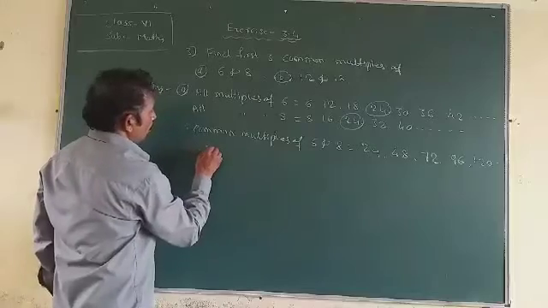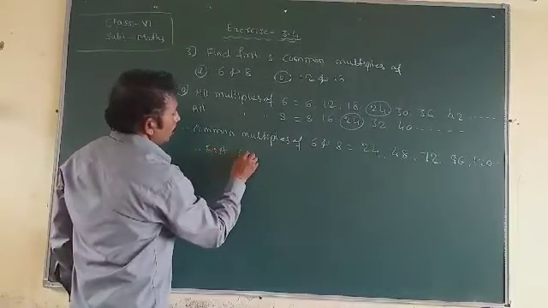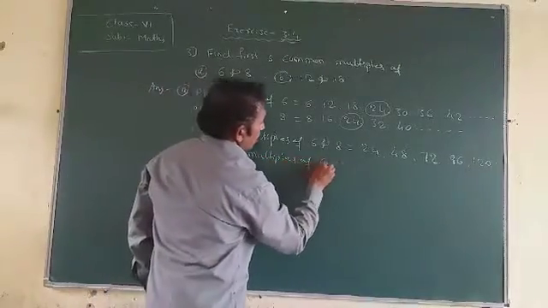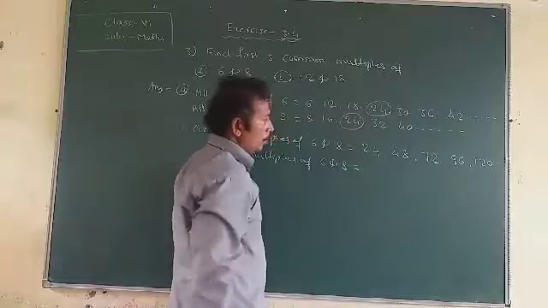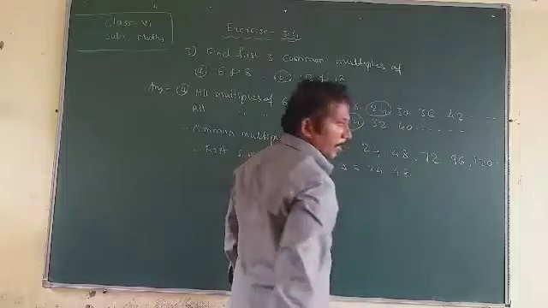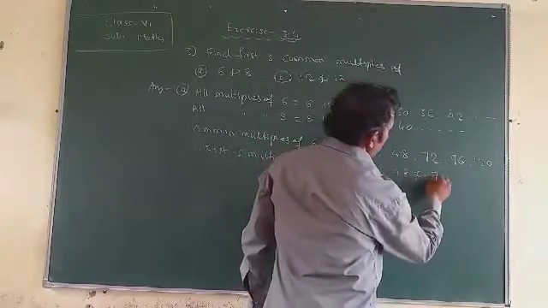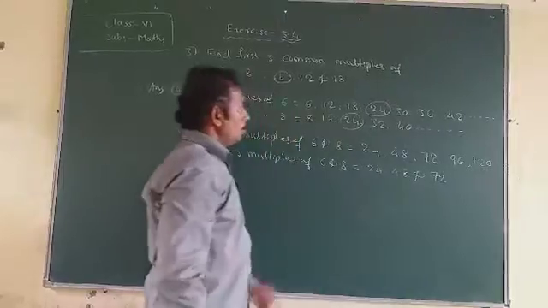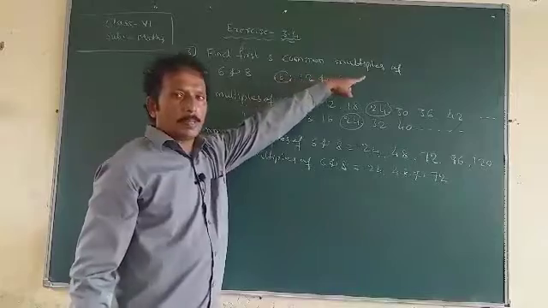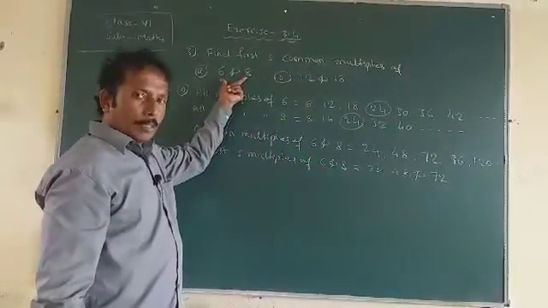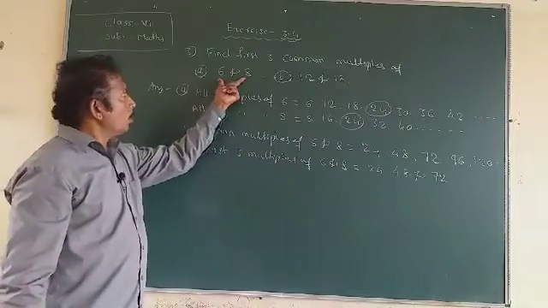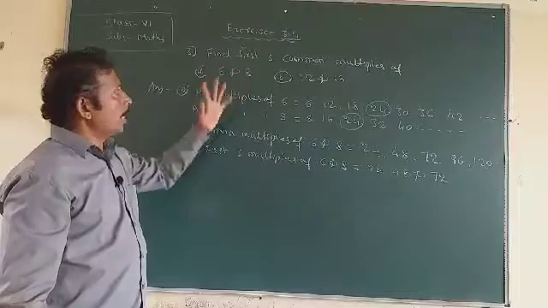Therefore, first three common multiples of 6 and 8 is equals to first one 24, second one is 48 and third one is 72. So this is about how to find the first three common multiples of given numbers. In the first one, the question is about to find the first three common multiples of 6 and 8.